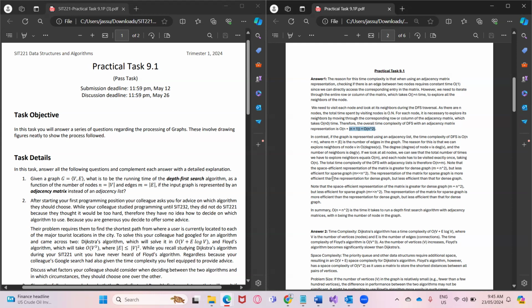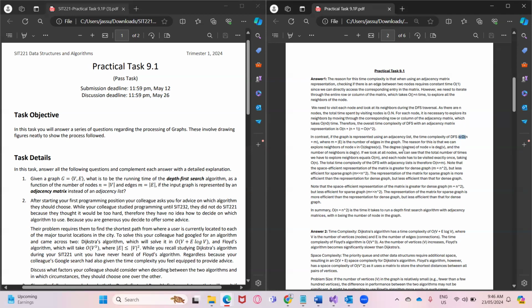In contrast, if we use an adjacency list to represent the graph, DFS would take O of n plus m, where n is the number of nodes and m is the number of edges. This is because we look at the actual neighbors of each node.